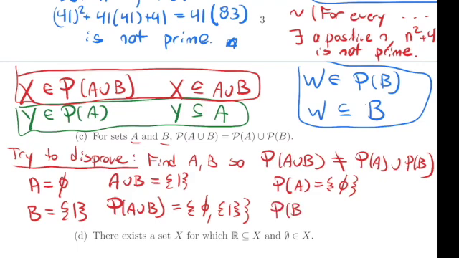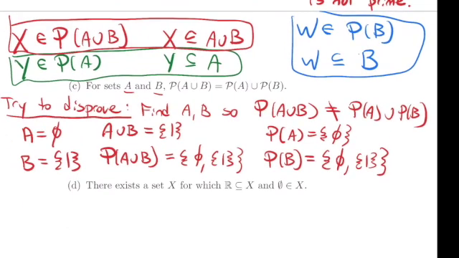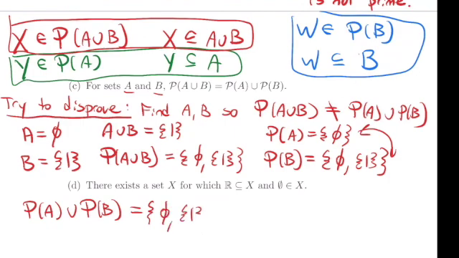So this is where knowing our definitions with power sets is really important here. For B, its power set would look like that. And so then the union of the power set of A and the power set of B, if I take the union of these two things, okay, we get that equality actually worked out in that example.